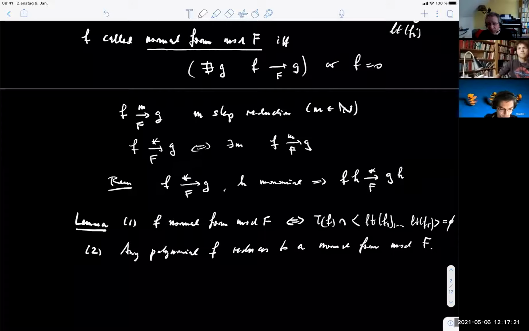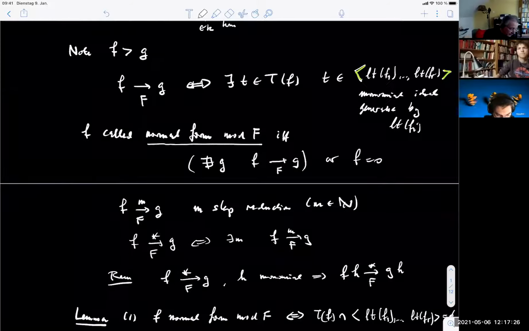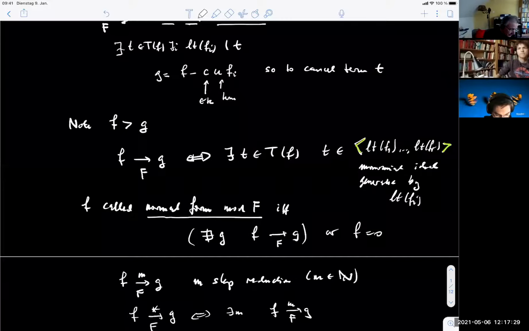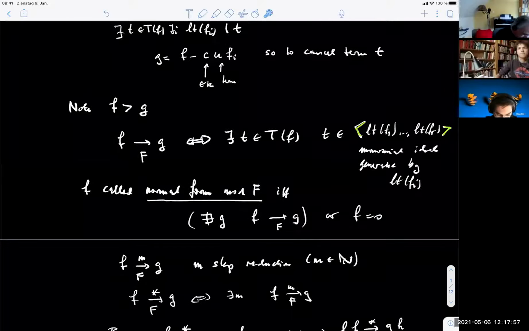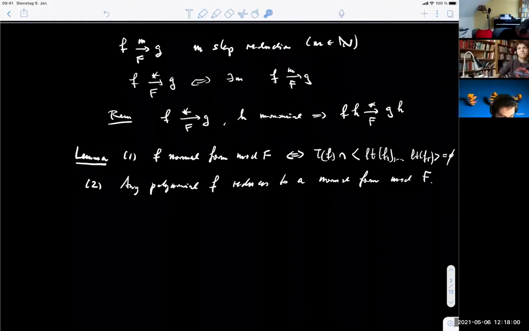But then we would have an infinite chain of polynomials that get strictly smaller, because when I reduce, I get a strictly smaller polynomial. But we proved last time that there is no infinite strictly descending chain. This is the well-ordered property. I will write something about the proof, but I explained it already.